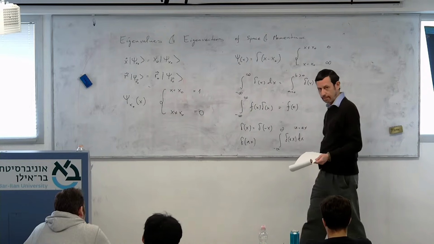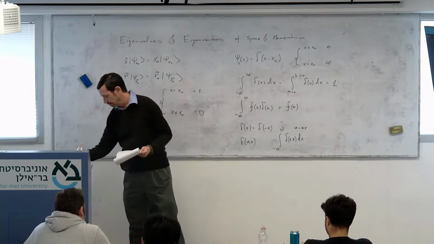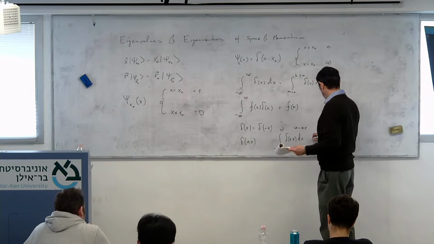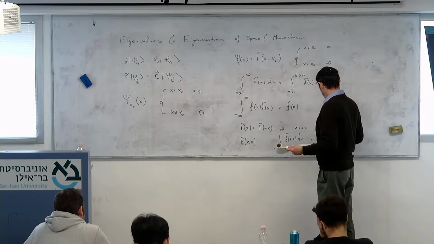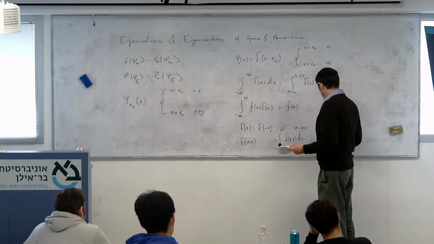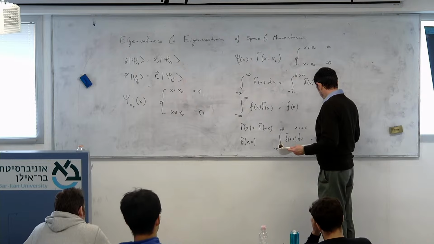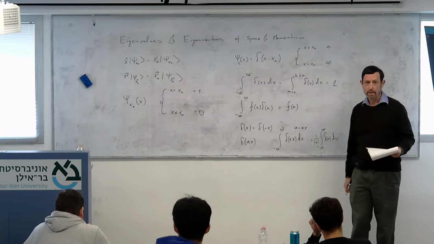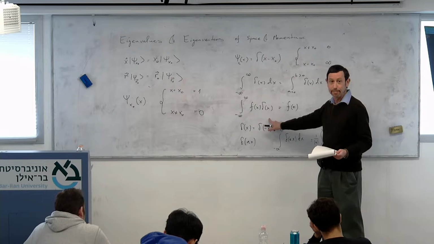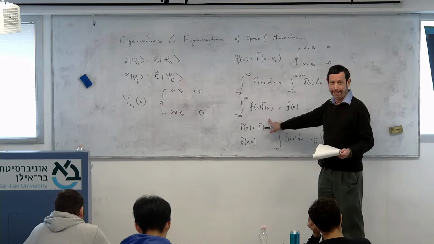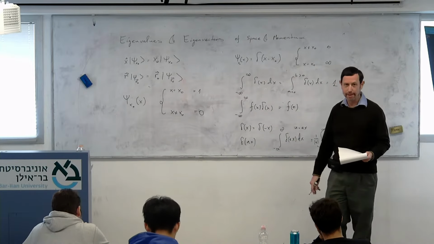Of A. Yes, wait a minute. Because of this, you have to have that AX is equal to minus AX, and therefore I have the absolute value.